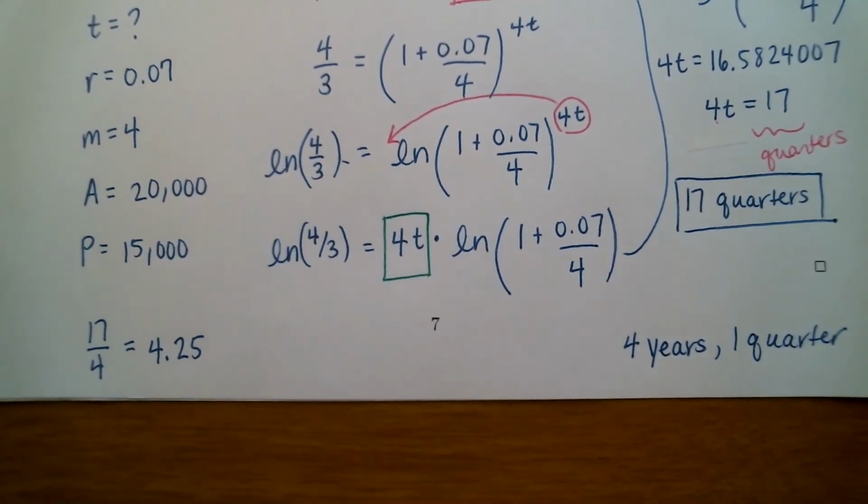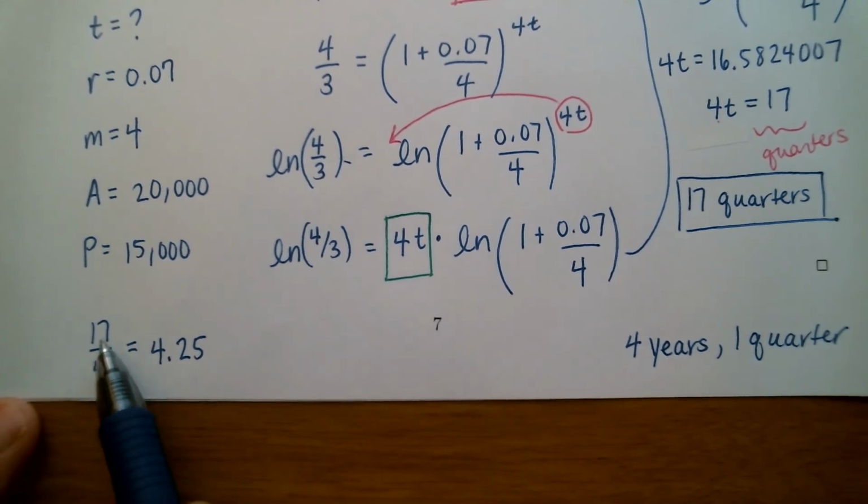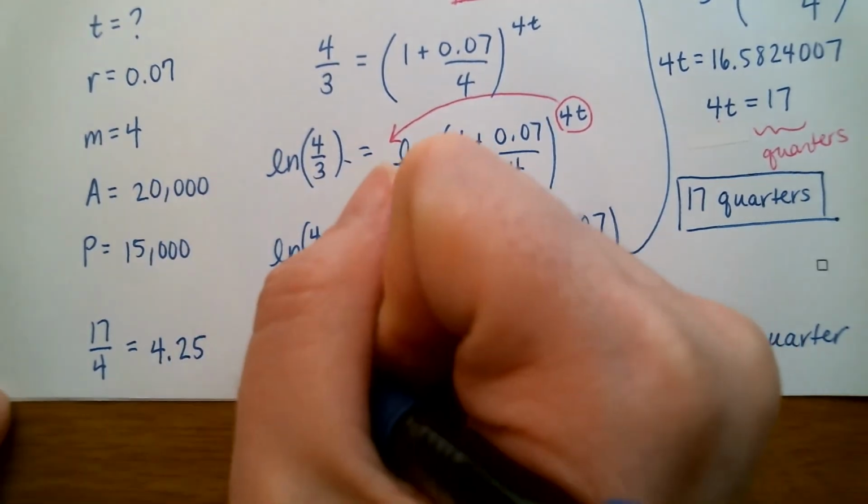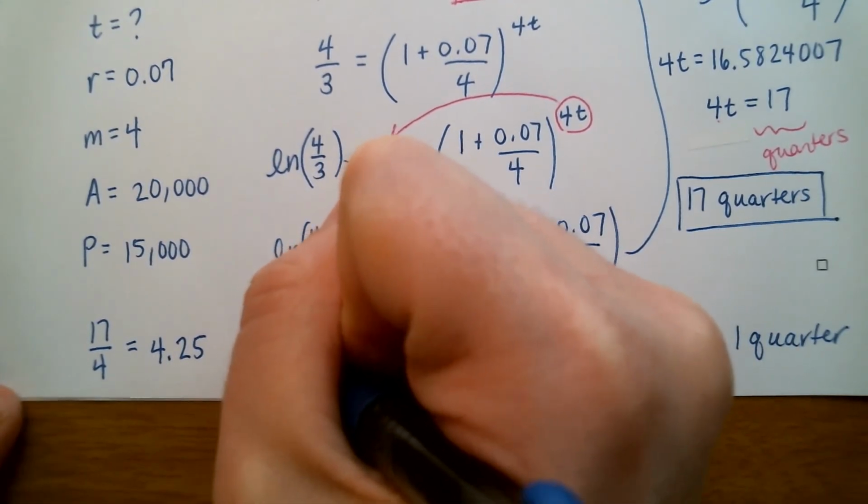But again, you may not get such a nice answer like this. So let's walk through the details of how you can interpret this as 1 quarter. Remember what you do: I divided this out, 17 divided by 4, and I got 4.25. That means 4 whole years. Then you calculate the number of quarters in 4 years.